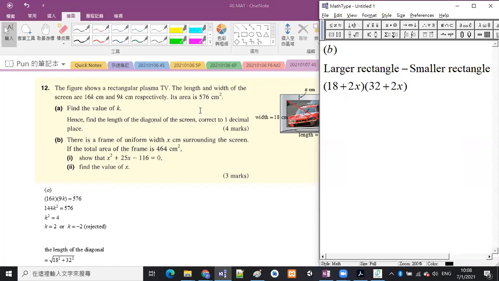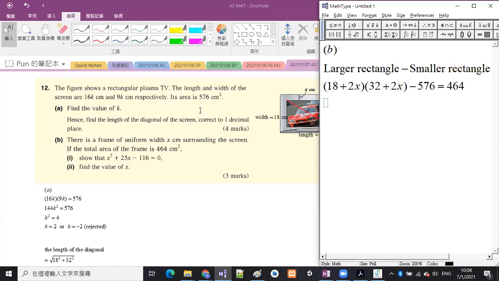And then the whole length should be equal to the length of the television plus the 2 side widths, that is x cm. And then minus the smaller rectangle, that is the area of the TV, 576, should be equal to 464. Can you get this?